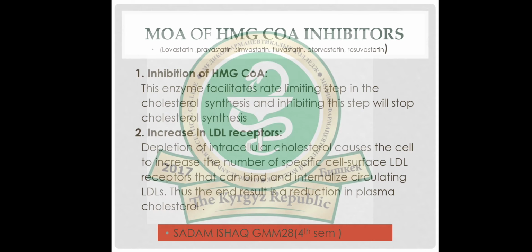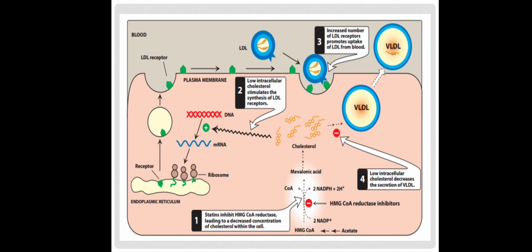So here we will see the mechanism of action of HMG coenzyme inhibitors. You can see it works in two ways: by the inhibition of HMG coenzyme or by increasing the LDL receptors. Further, we will see its mechanism in this picture. As you know, HMG is 3-hydroxy-3-methylglutaryl coenzyme A reductase.